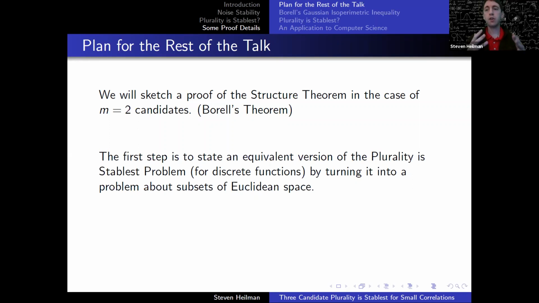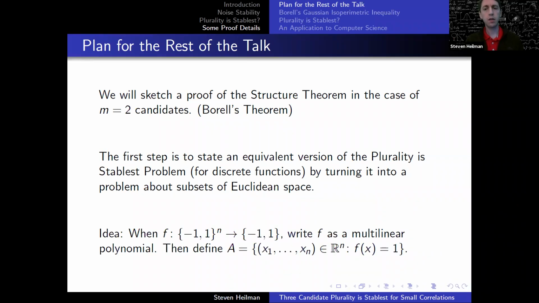There's a way to start with the discrete question that we had and change it into a continuous question, a question about subsets of Euclidean space. And that's sort of a whole story in and of itself. Once again, that gets back to this so-called invariance principle stuff.